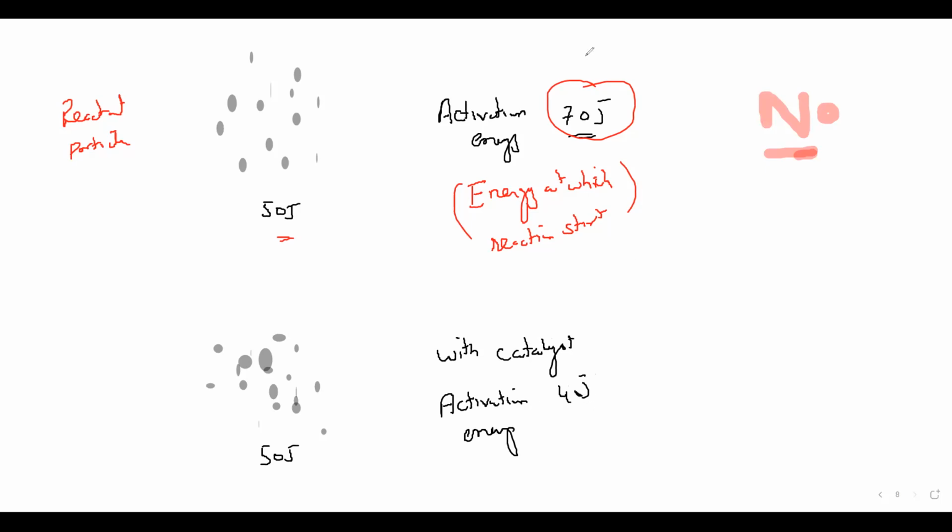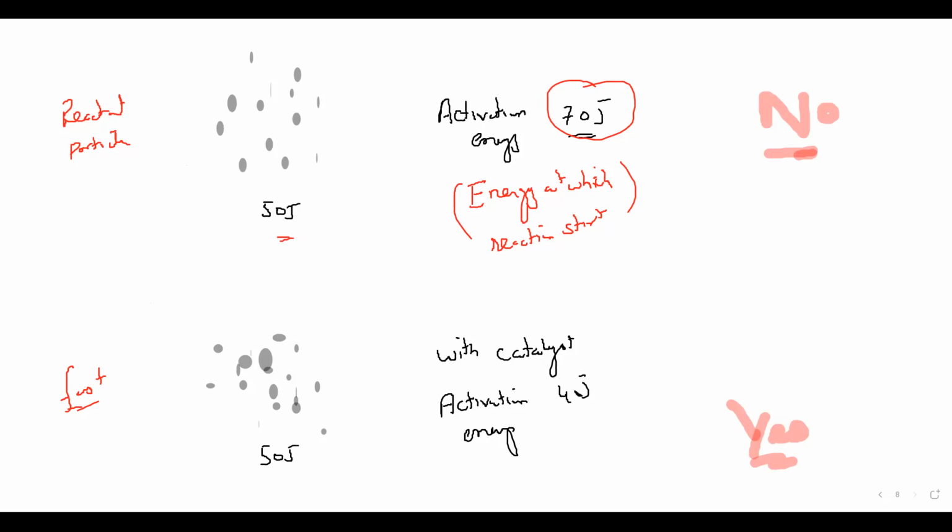So will they react? When we use the catalyst, it lowers the activation energy. As the catalyst lowers the activation energy, yes, they will react. So basically catalysts are substances which decrease the activation energy so the reaction can proceed. That's why whenever we use a catalyst, the reaction is faster as compared to without a catalyst. Without a catalyst, sometimes there is no reaction or a very slow reaction.